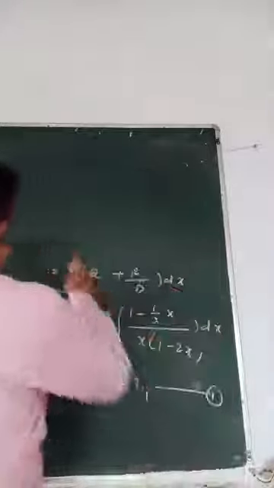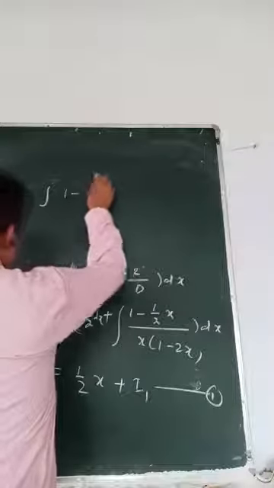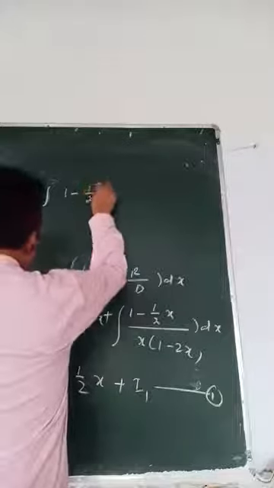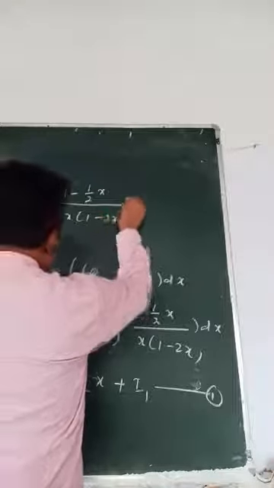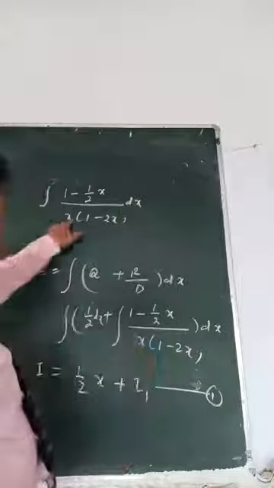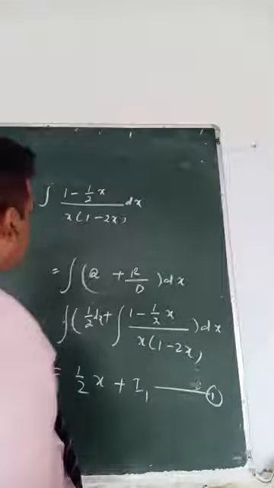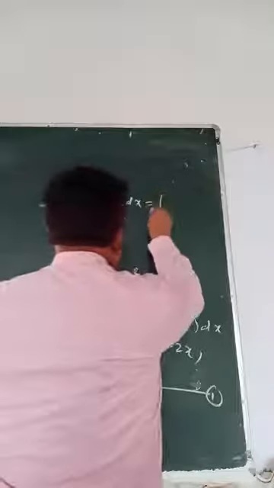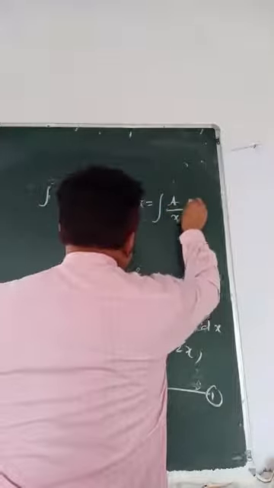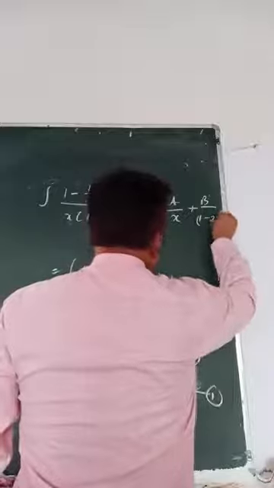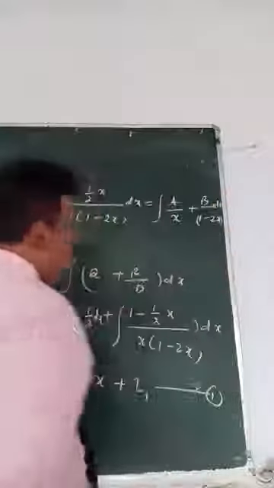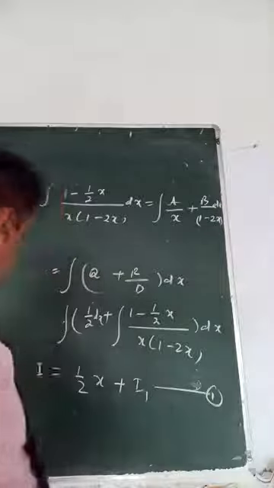The integral of (1 minus half x) by x into (1 minus 2x). Now you can check the degree here is more, here is less. Then you can use partial fractions, A by x plus B by (1 minus 2x).